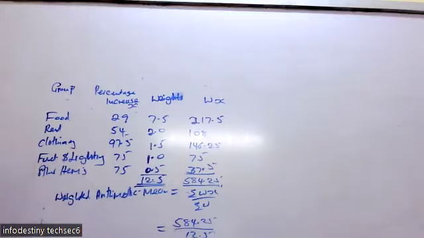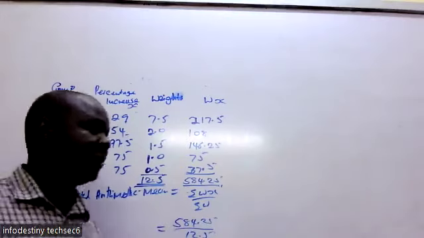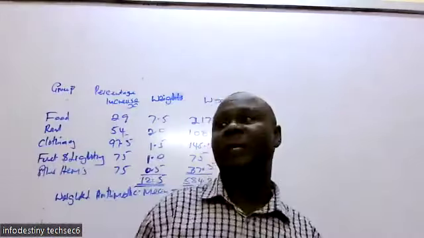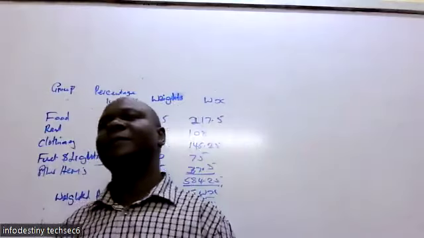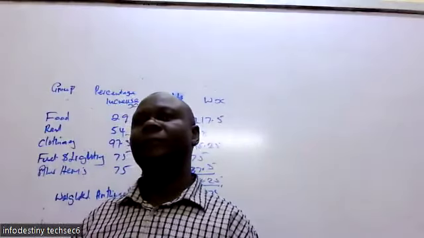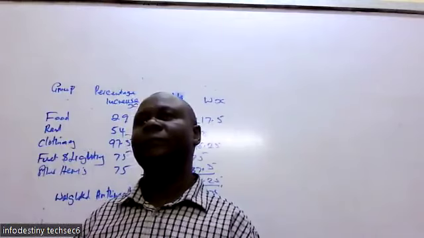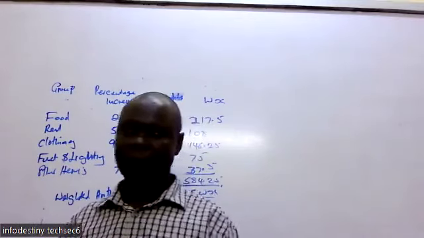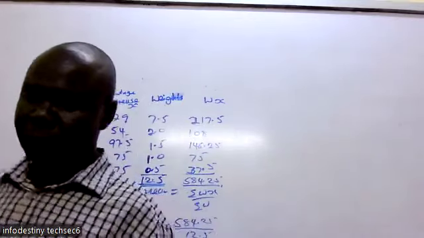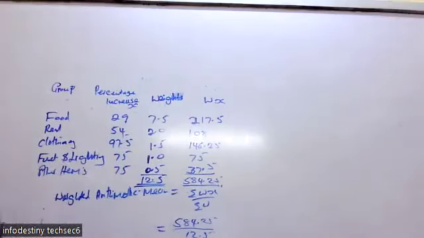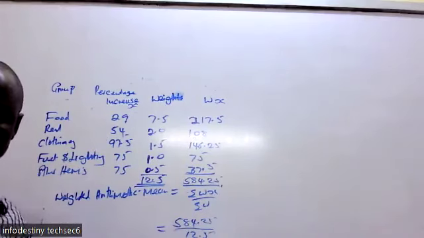Now, we are going to look at the disadvantages of arithmetic means. One, it may be a figure which does not exist in a series.